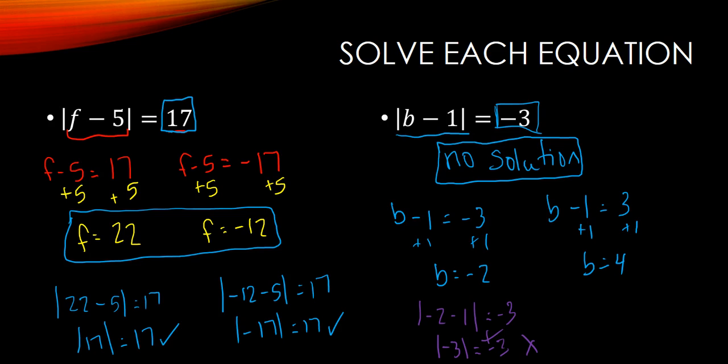So I know that answer is not correct. And if I put 4 minus 1 in here, I get 3. Is the absolute value of 3 negative 3? No. Again, it should be positive 3. So if that would have been a positive 3 here, then our answers would have been negative 2 and 4. But because absolute value again cannot equal a negative, our answer is no solution.